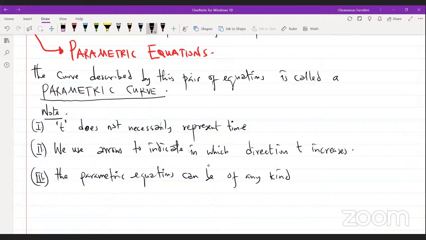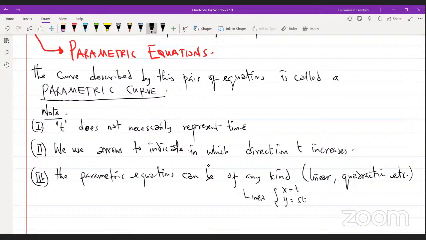So an example is that the parametric equation can be linear. It can be quadratic. So you have different possibilities. It can even be transcendental. If it's linear, what are we saying? x equals t, and then y equals maybe 5t. These guys are linear, all right?